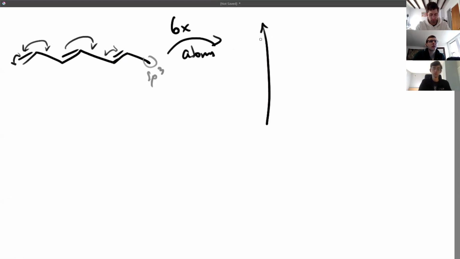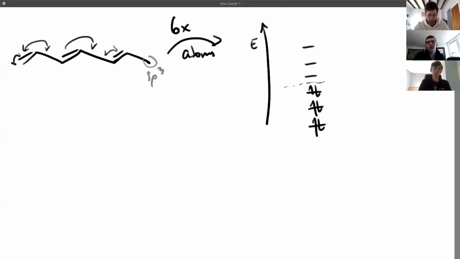Okay, we have energy going up. Then we draw 6 evenly spaced lines, as evenly as I can get them. We have 6 electrons total, right? So we fill in from the bottom in pairs.